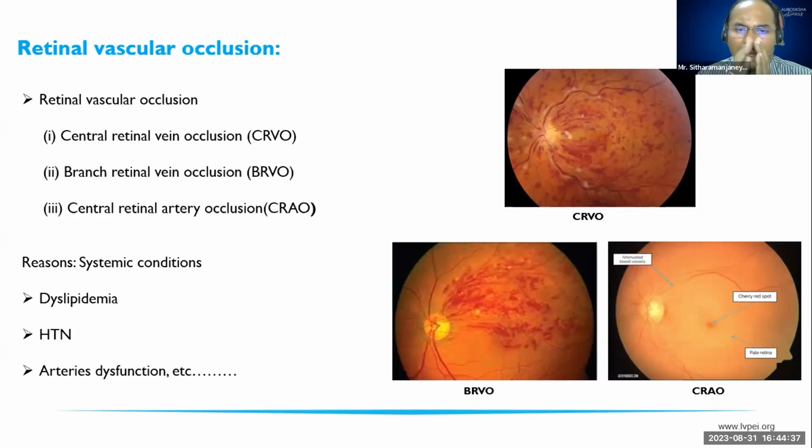Our eye has blood circulation, but this circulation comes mainly from the heart. From the heart, we have the carotid artery. The carotid artery has a branch, the ophthalmic artery, and the ophthalmic artery supplies the retina and other parts of the eye. So if there is a dysfunction anywhere in this arterial circulation, there is a chance that the blood circulation to the retina stops, and that sometimes causes artery or vein occlusion.